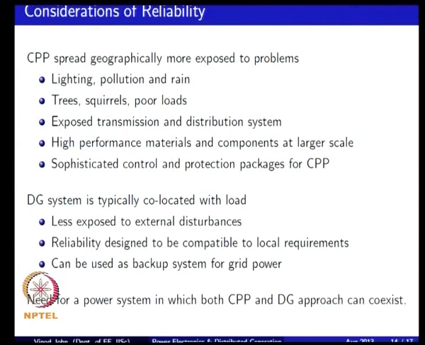Another aspect is about reliability when you are comparing the centralized approach versus the distributed approach. The centralized power system covers a much wider area, so it is geographically more exposed to problems such as environmental effects, lightning, rain, pollution, etc. So, you can have faults because of a number of reasons such as this, or your distribution systems might have trees close by which cause periodic faults.